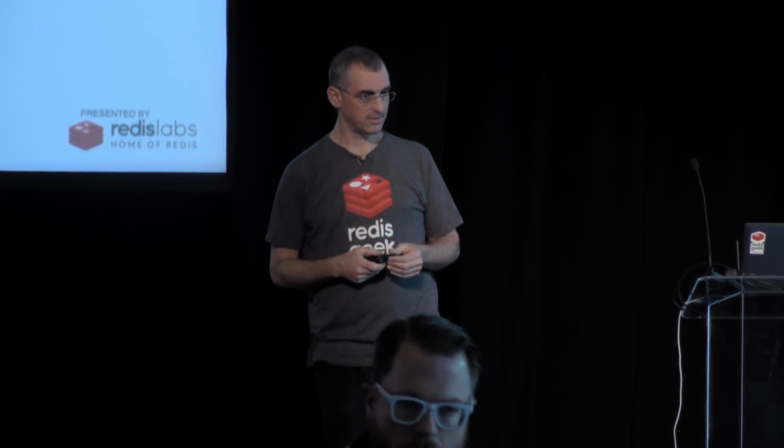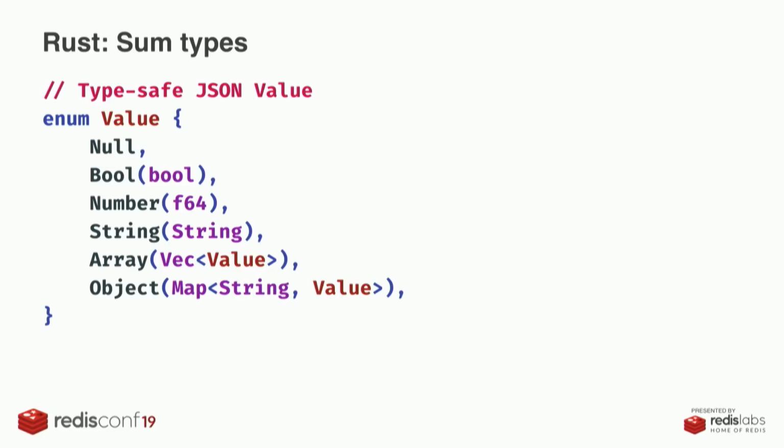So if we want to represent a JSON document in Rust, we can create a sum type named Value, which can represent anything that can go inside the JSON document. So a JSON value can either be null, or it can be a Boolean value, or a number, or a string, or it can be an array, which means it includes some other JSON values, or it can be an object, which maps a string to a value.